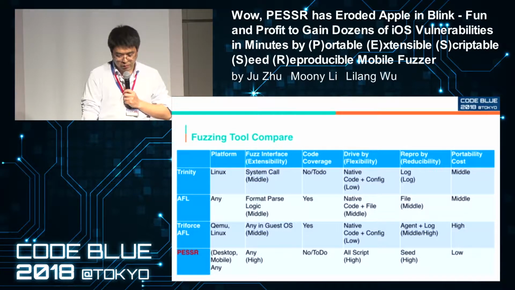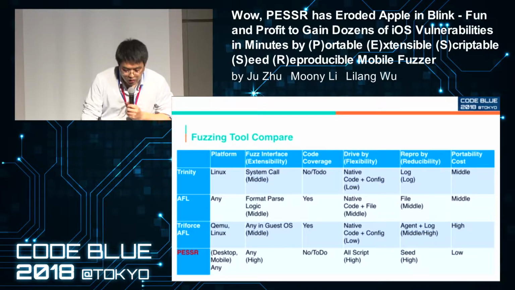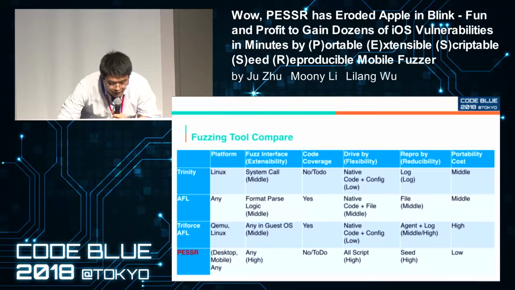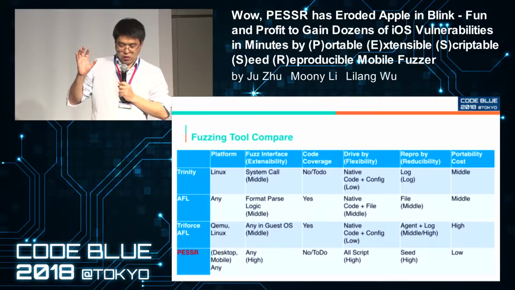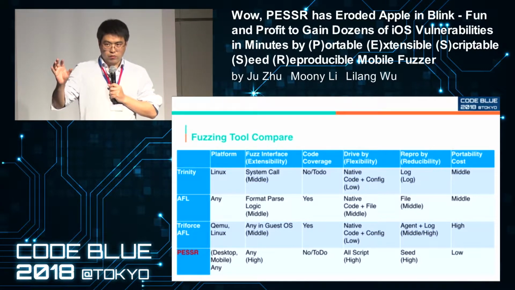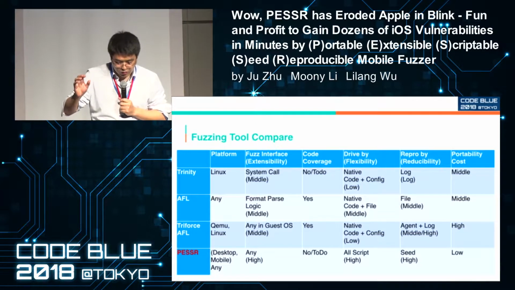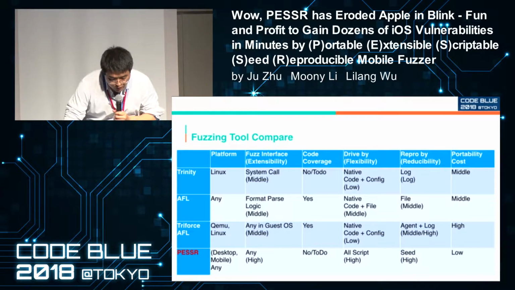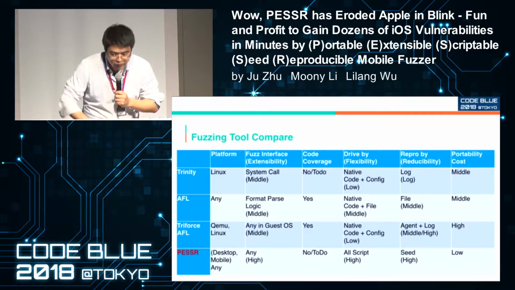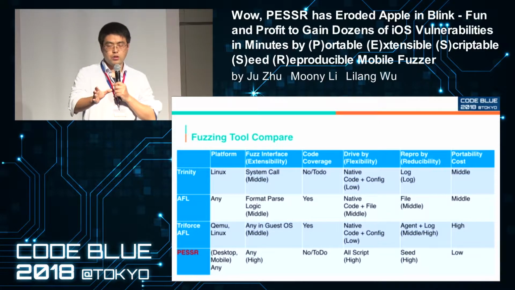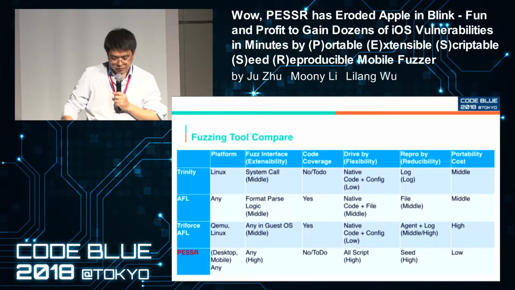And the final one is our PESSR. Actually, we designed our PESSR according to platform, so we wrap our fuzzing agent with script, which is cross-platform. And about the fuzzing interface, it can target user mode or kernel mode both.